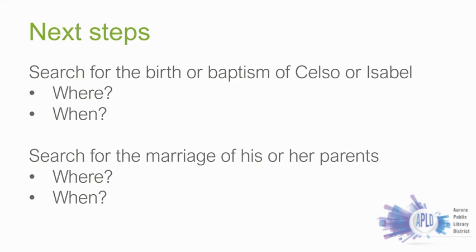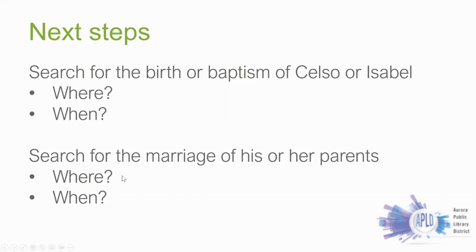And then if I want to do the same for Isabel, I know she's from Aposol and I know her age, so I'm going to look in Aposol in the birth year that was calculated from the marriage record. I could also search for the marriage of their parents. I would assume probably that Celso's parents were married in Nochislan because that's where he was born.